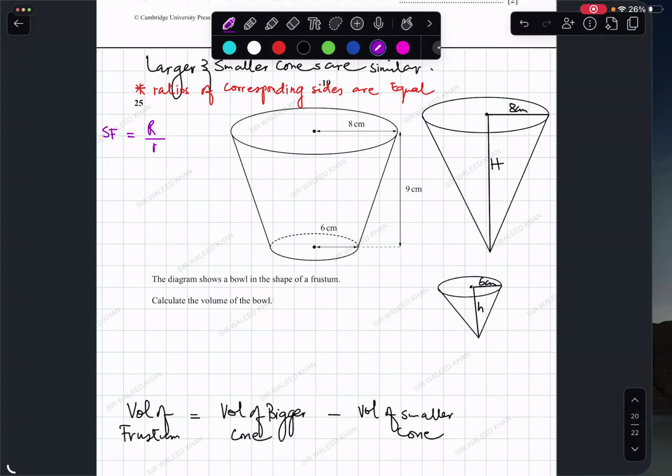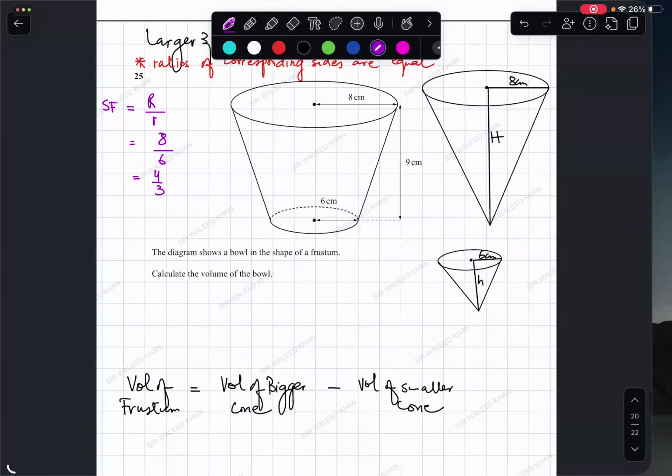What is a scale factor? Scale factor, it tells us by how much a shape is enlarged or by how much a shape has shrunk, right? So that will be 8 by 6. That means 4 by 3.